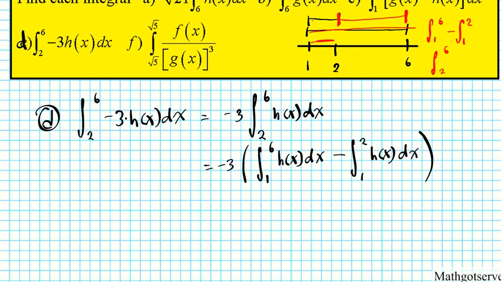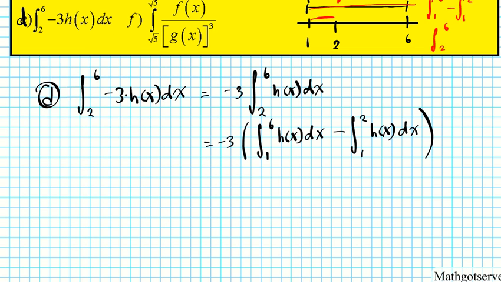If this doesn't make sense, let me just show you another rendition to help you understand. Check this out. If I'm going from 1 to 6 of a function, f of x dx, if I define that as an antiderivative using the additive property, from 1 to 2 of f of x dx plus the antiderivative from 2 to 6 of f of x dx.